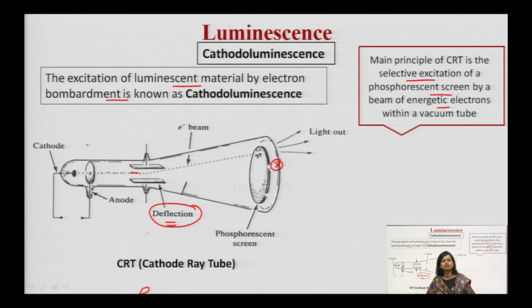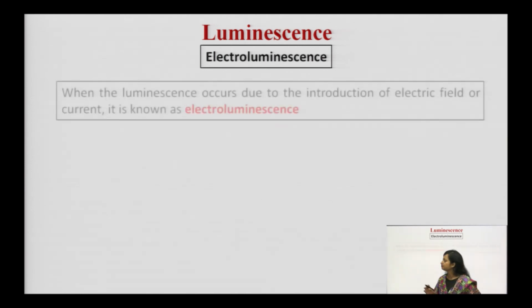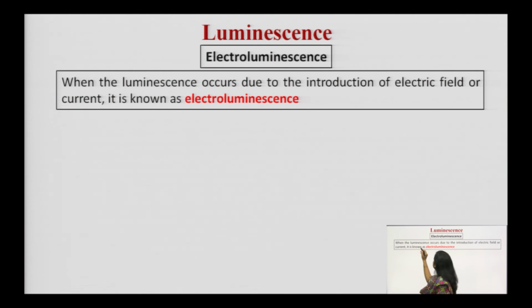Now let us discuss the third type of luminescence, which is electroluminescence. Recall what I have told you about how it is categorized. When the luminescence occurs due to the introduction of an electric field or current, it is known as electroluminescence.